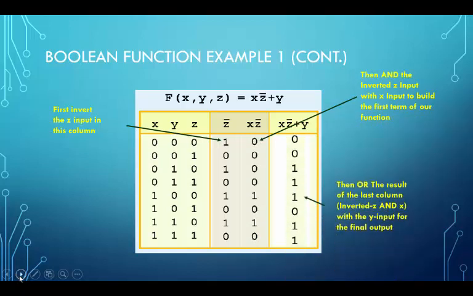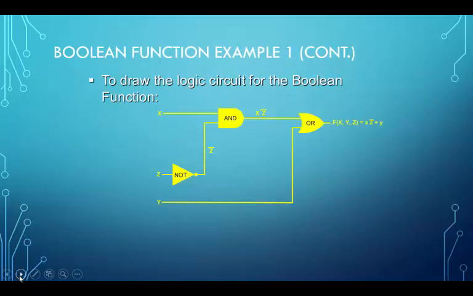Then we OR the output of that with the y row to get our final column, (x and not z) or y. We can build this logic by first building an inverter for the z input and ANDing x with the not z, and take that result and OR it with the y function.